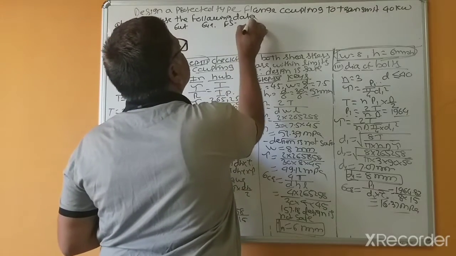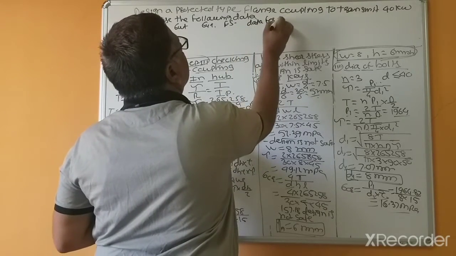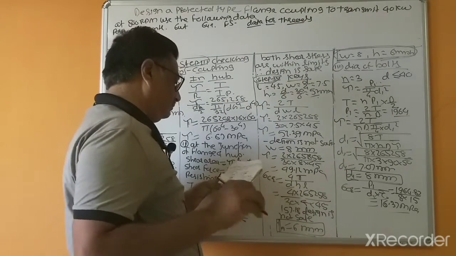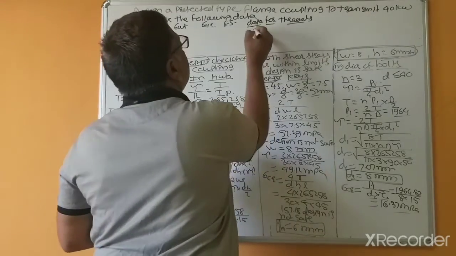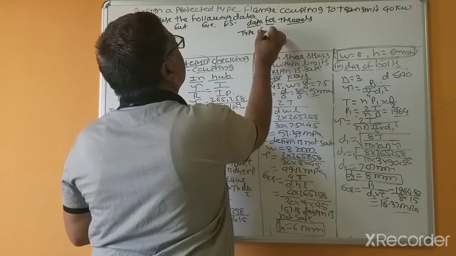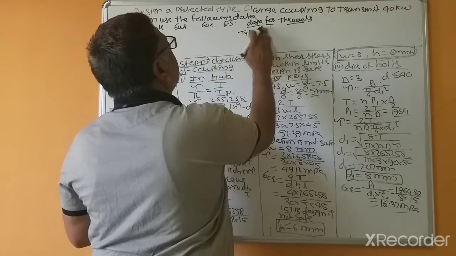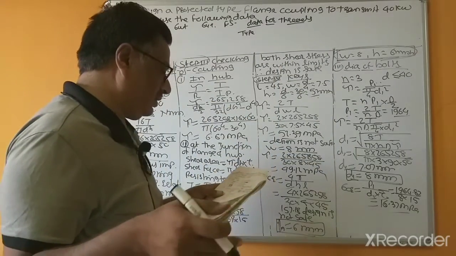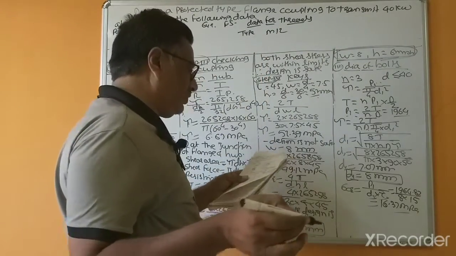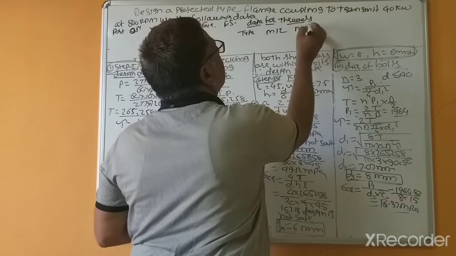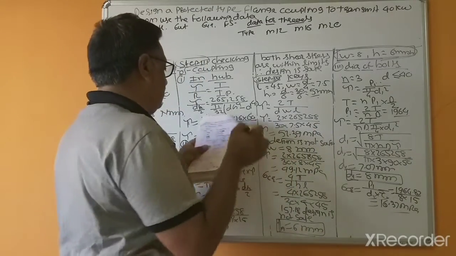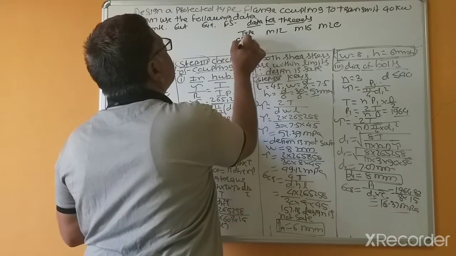Data for threads is also given, for M10 bolts. The type of thread, you can say M12, M16, M20, is given. According to that, we will get the answers.